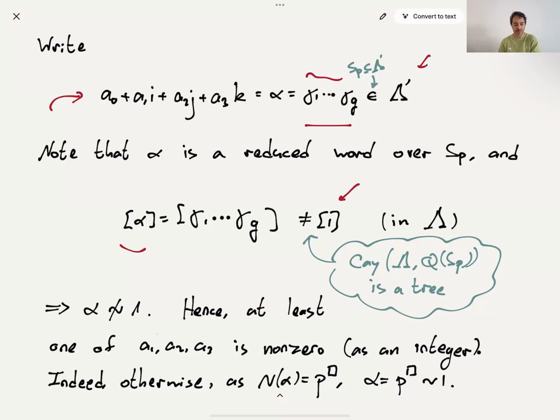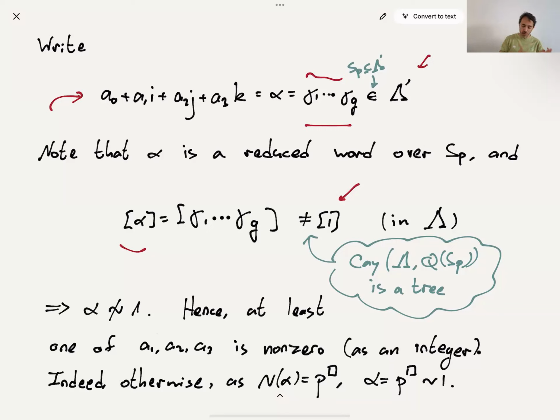So what I'm claiming is that from here, at least one of the imaginary coefficients, A1, A2, or A3 is non-zero. Because let's assume that all of them are 0. Then the norm of alpha is a power of p, just because alpha is in lambda prime. But if all of these coefficients are 0, then alpha is just A0, just an integer.